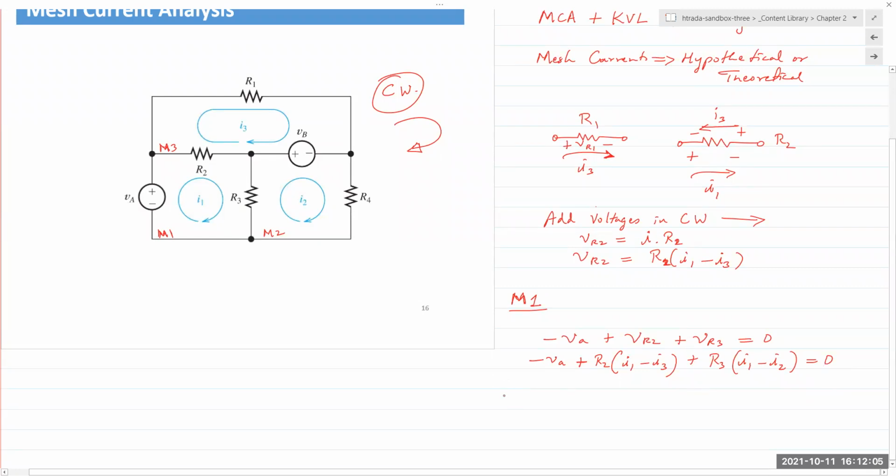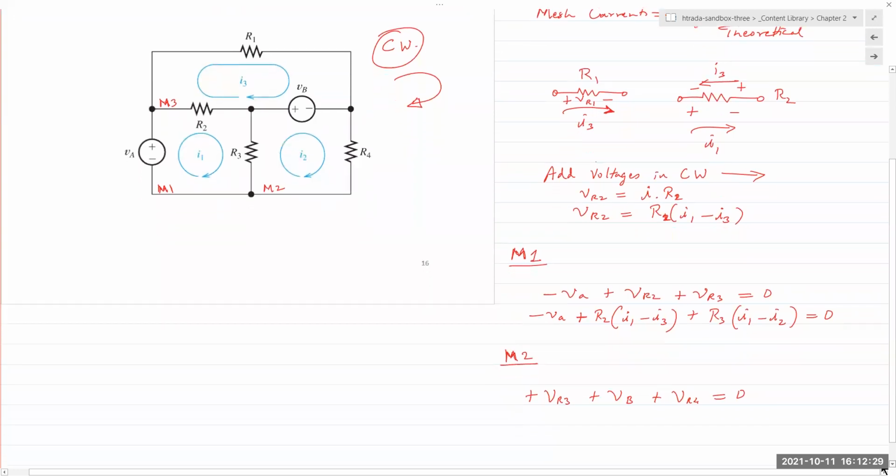Because when we get to M2 and we apply the same KVL in the clockwise direction, I would have 3 voltages again. I would have VR3, I have VB, and I have VR4 equal to 0. This time all of my voltages are positive.